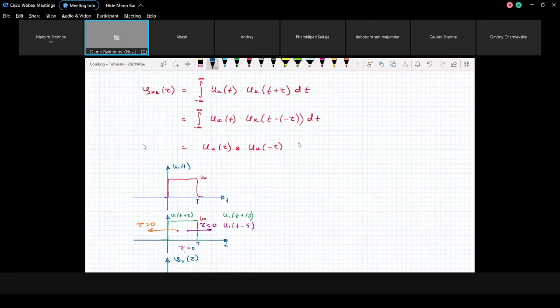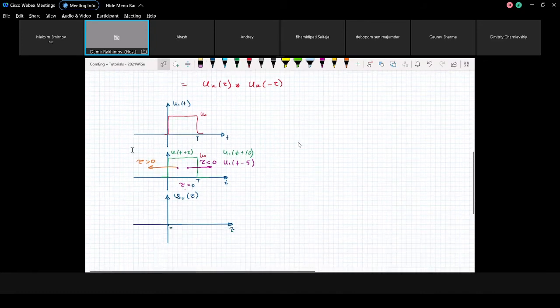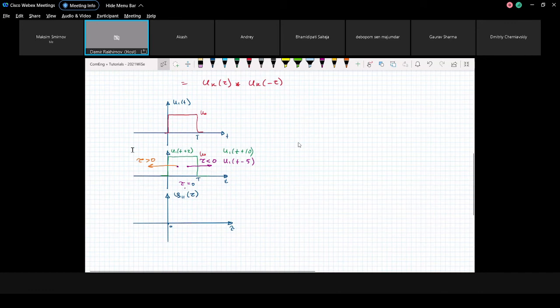So what will be the result of the integral? u0 squared times T? Or not? No, at one point. At point tau equals 0. It's not a line, it's just one point.